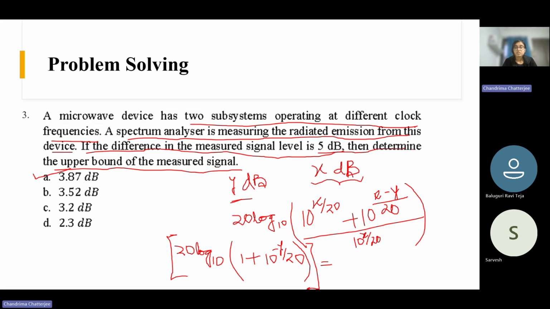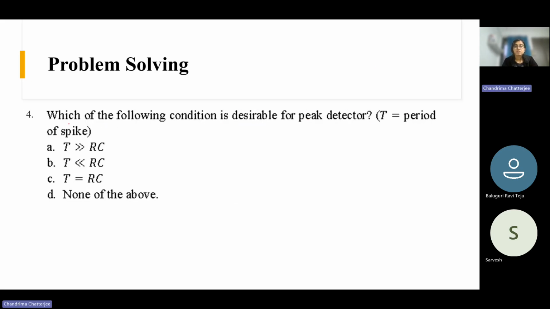Okay, let's see the next question. Which of the following condition is desirable for peak detector? If you have seen the lecture, you must have seen the circuit of a peak detector. The peak detector circuit is something like this. We have a diode, then we have a resistor and a capacitor, like this.